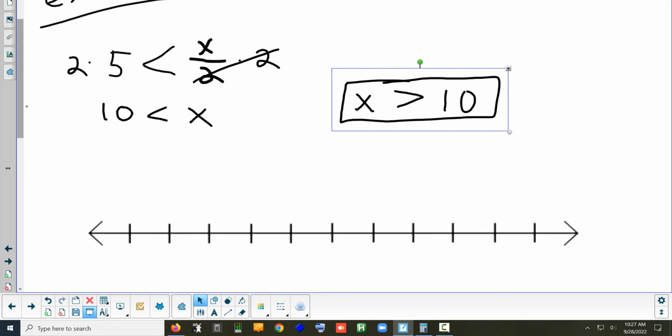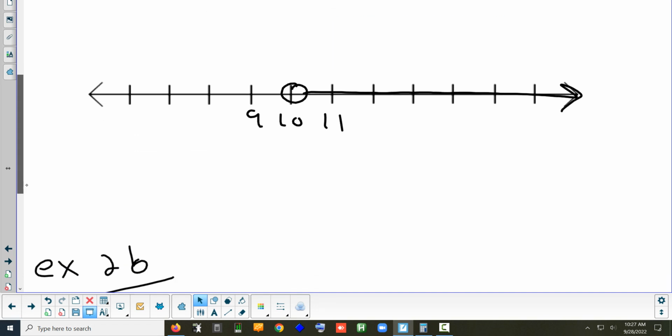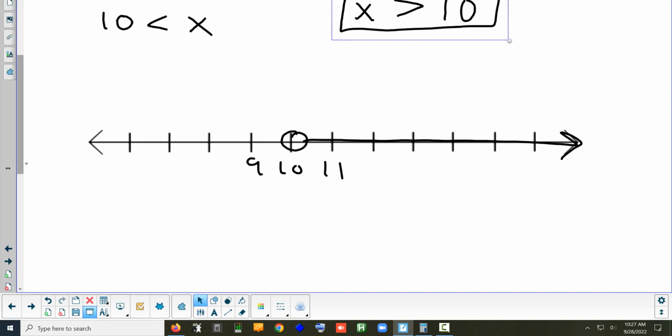An arrow pointing to the right. That's right. So this is pointing to the right, which tells me to shade to the right. And I agree with everything else you said. It is an open circle. So let's put down some numbers on my number line. Open circle on 10. Shade to the right. Any questions?